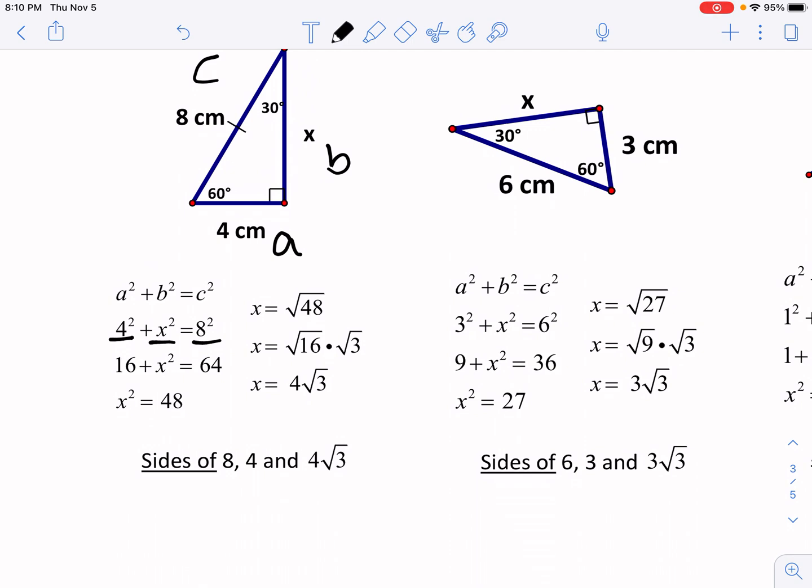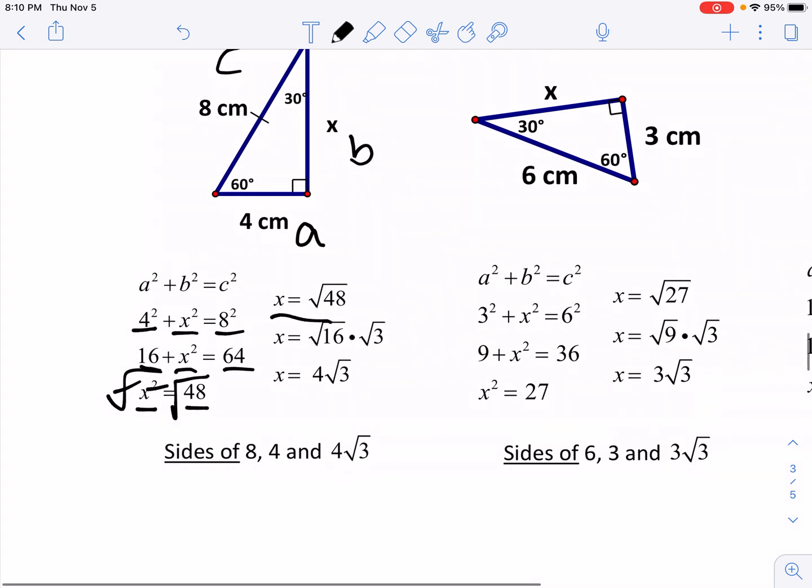Well, what's 4 squared? 16. x squared stays x squared, and 8 squared is 64. Then we'd have to subtract 16 from both sides. Subtracting 16 from 64, we get x squared equals 48. Square root both sides. My inverse operations cancel out, and I get x is equal to the square root of 48.